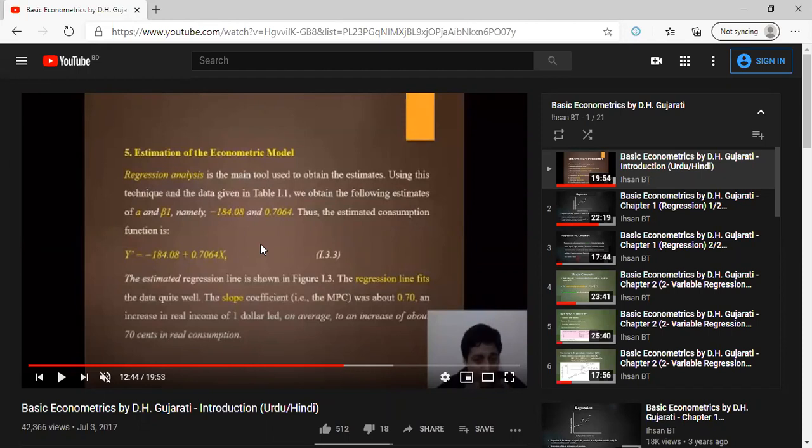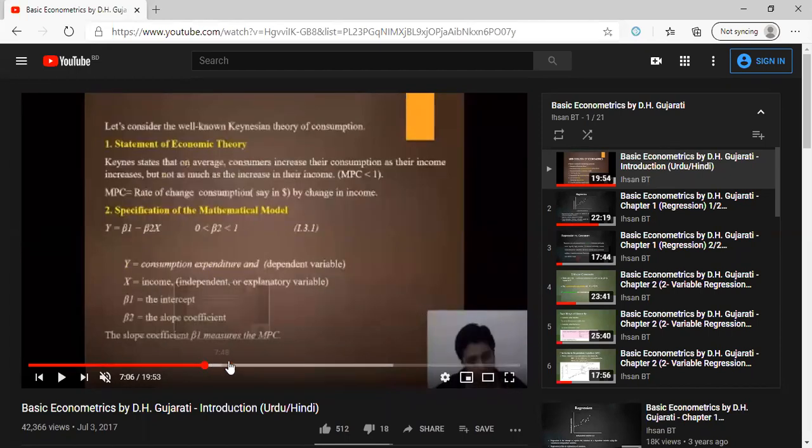Professor, can you explain the differences between exact and inexact again? There was an equation y equals beta 1 plus beta 2 x plus u. Here is an exact relationship.